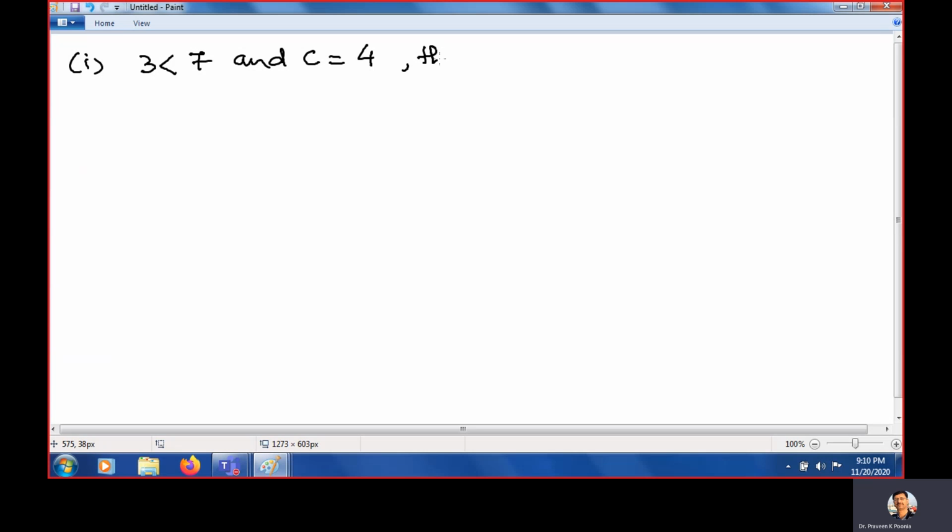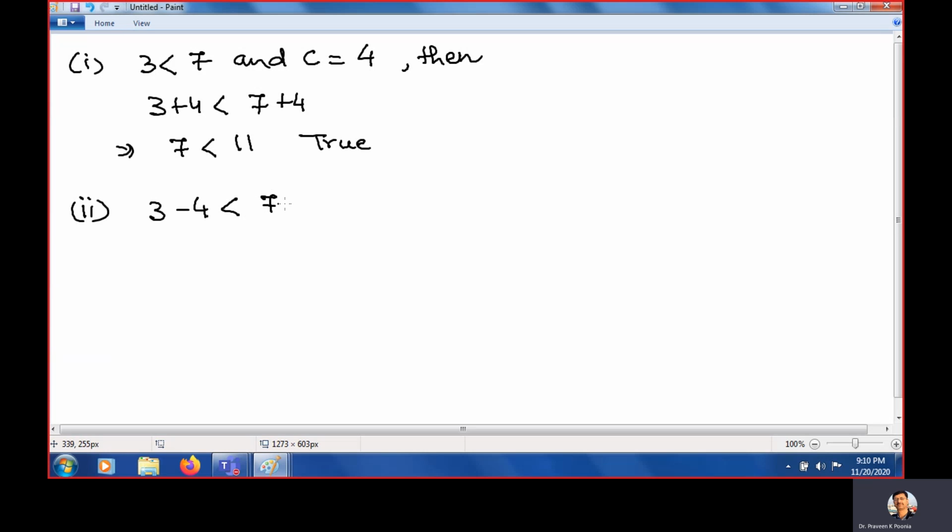Then 3 plus 4 less than 7 plus 4. And this implies 3 plus 4 is 7, which is less than 11. And if you see, this is true. Similarly, if you subtract, 3 minus 4 is less than 7 minus 4. 3 minus 4 is minus 1, less than 7 minus 4 is 3, and this is also true.